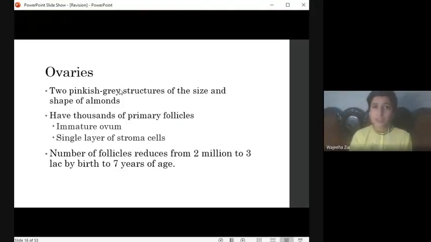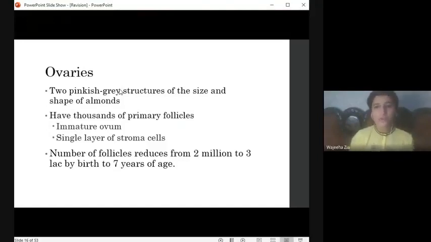Each follicle consists of one ovum, which is immature, and then there is one layer which surrounds the ovum that is known as the stroma. So when the ovum is released, this stroma layer ruptures and ovulation occurs.